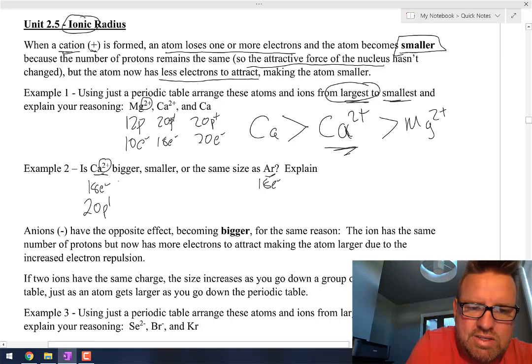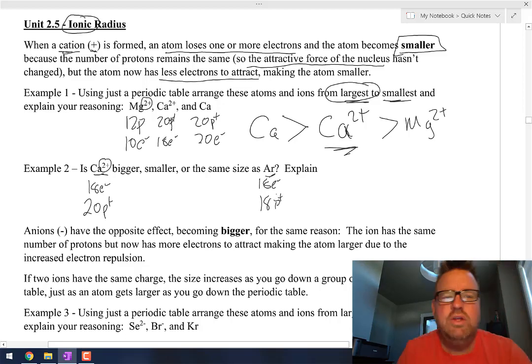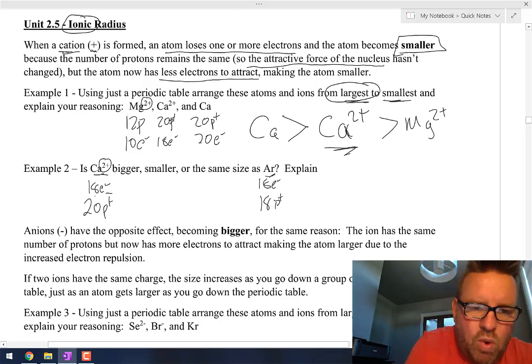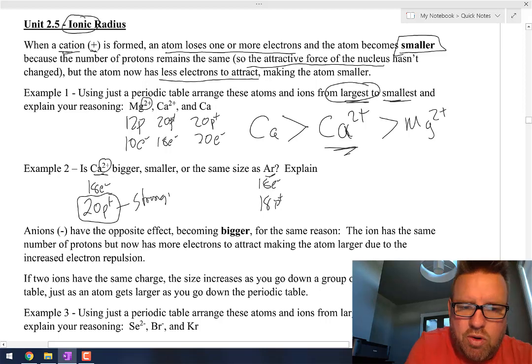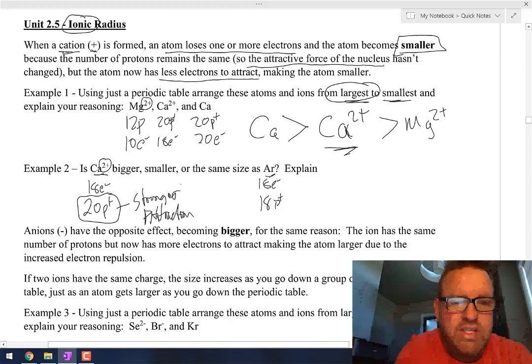Calcium still has its 20 protons. Argon only has 18. So when you have the same number of electrons, and one of them has more protons than the other, then the one with more protons has the stronger attraction to the nucleus, and that's going to make that one smaller.